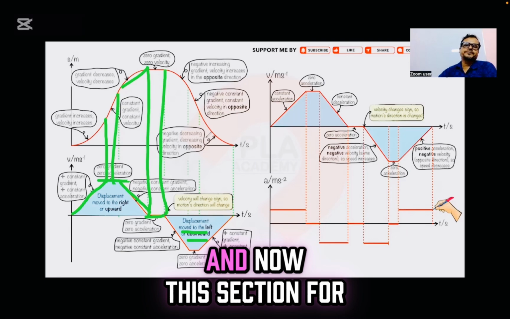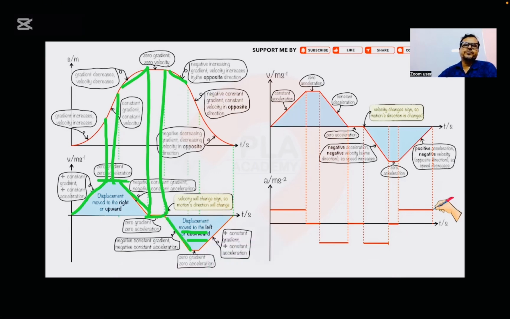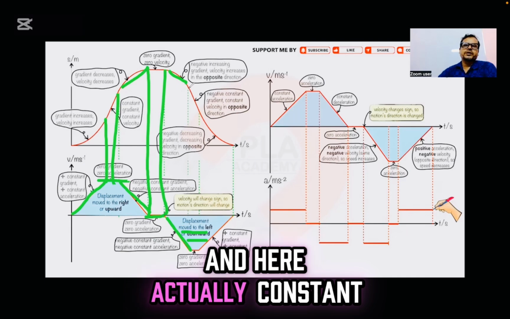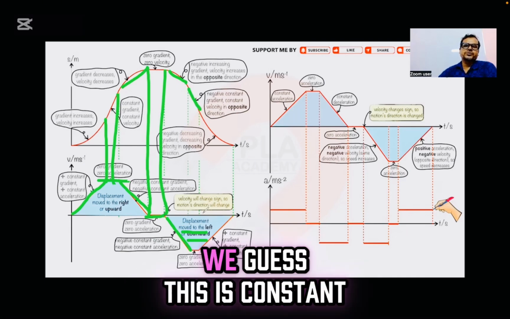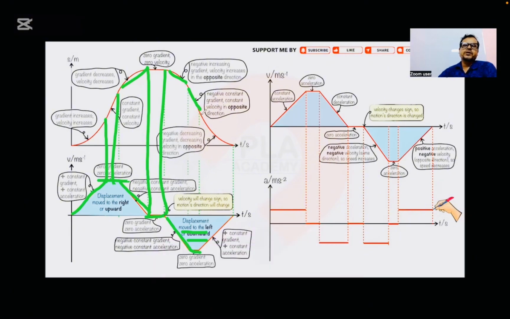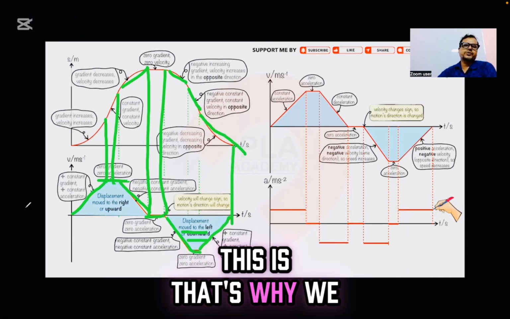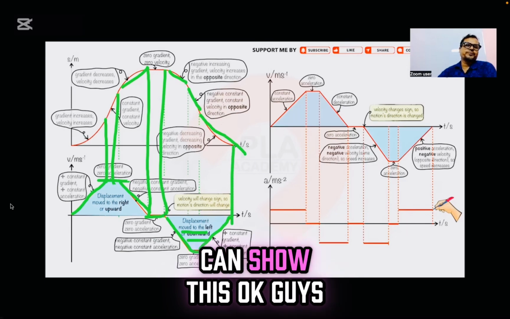Okay, and for this section we can draw this section, and here we guess this is constant velocity, and again it is decreasing. Okay, that's why this decreasing line, and the zero line, this is also why we can show this.